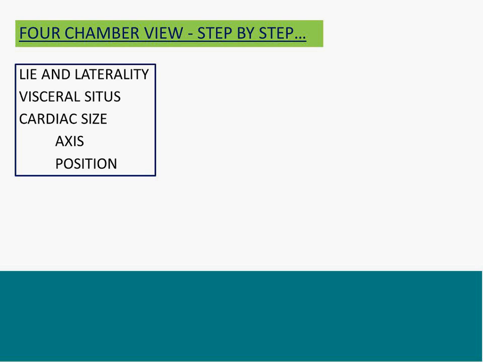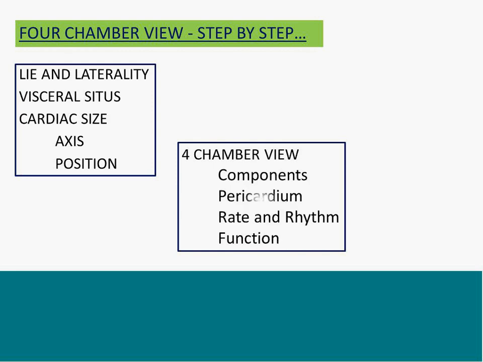For that, we will have to decide first the right side of the baby, the left side of the baby, and then decide what structures are on the right and the left, for a fair understanding of the visceral situs, including the stomach and the liver. And then we come down to the heart: size, axis, and position. Go to the four-chamber view.